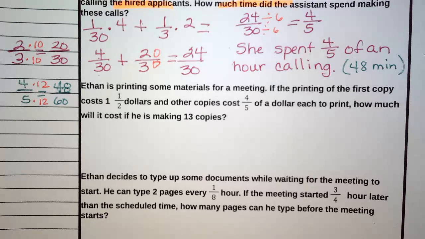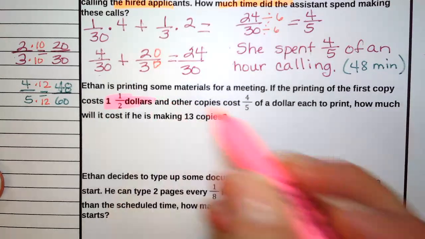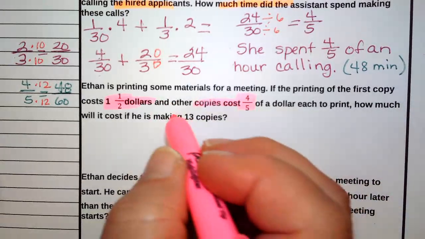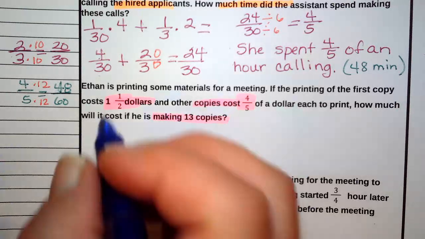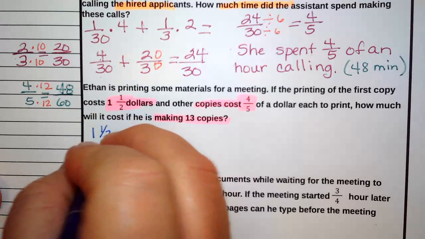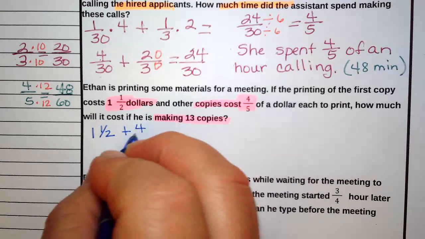So, he's got that meeting and he's making the first copy for $1.50 and the other copies for 4/5 of a dollar, and he needs 13 total. So $1.50 will not change, plus 4/5.